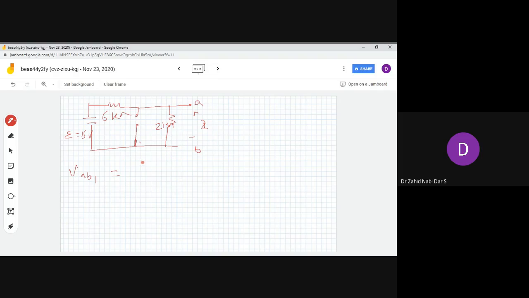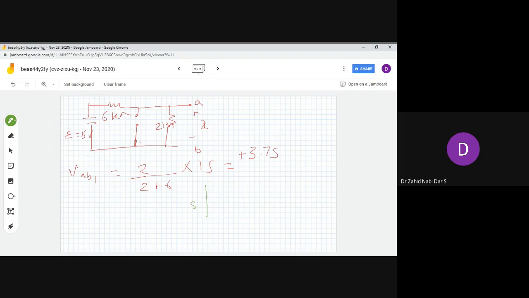So VAB1 would be 2 divided by 2 plus 6, into 15. So this is the voltage divider. Okay. So this you will get around plus 3.75. Similarly, for the second step, you will short circuit the voltage source and open circuit the current source.